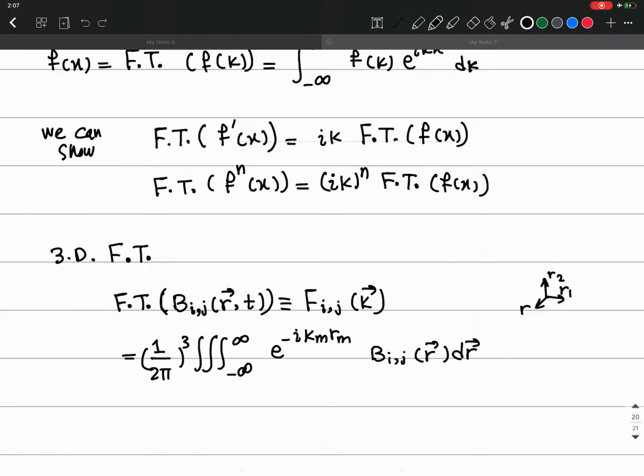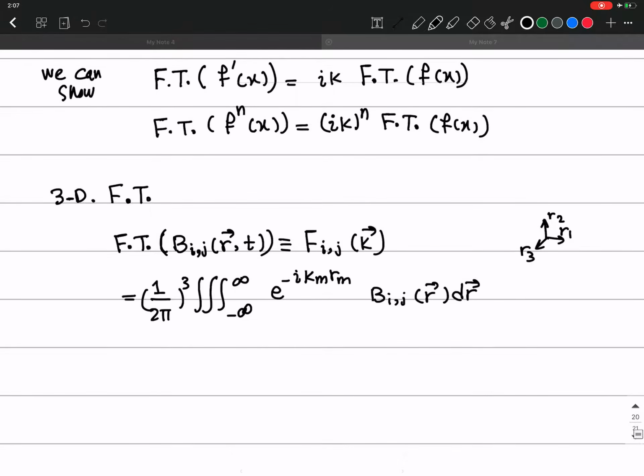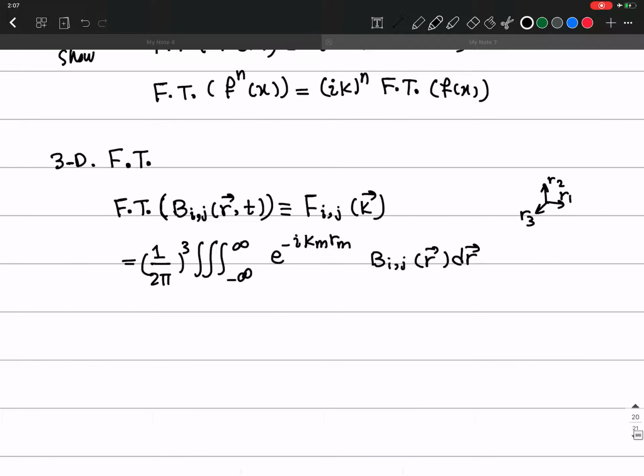So these are 3D, three-dimensional Fourier transforms.